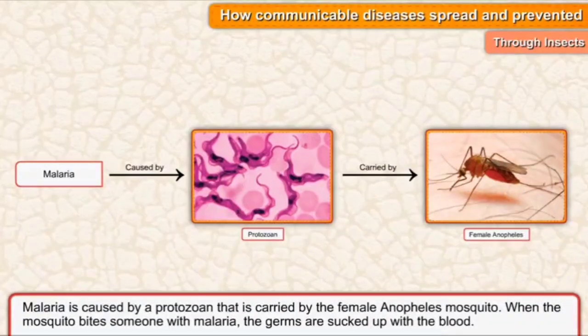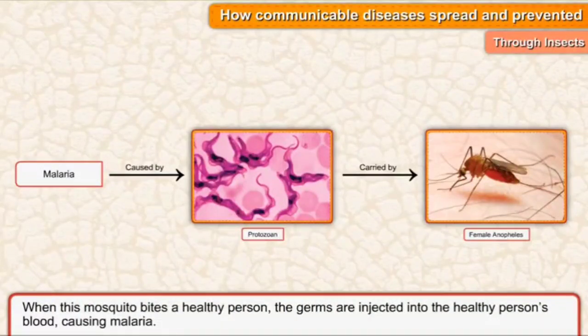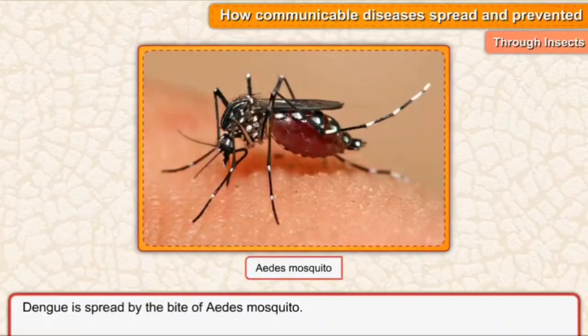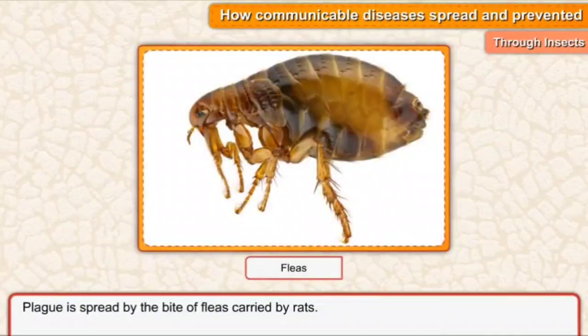When the mosquito bites someone with malaria, the germs are sucked up with the blood. When this mosquito bites a healthy person, the germs are injected into the healthy person's blood, causing malaria. Dengue is spread by the bite of Aedes mosquito. Plague is spread by the bite of fleas carried by rats.